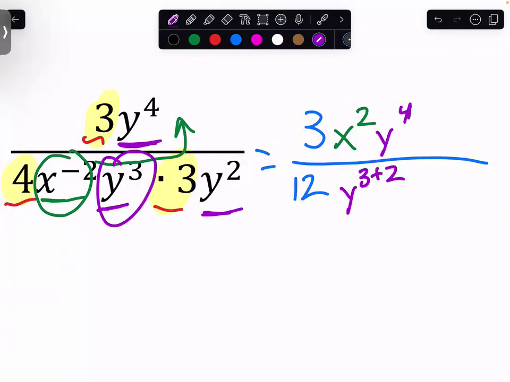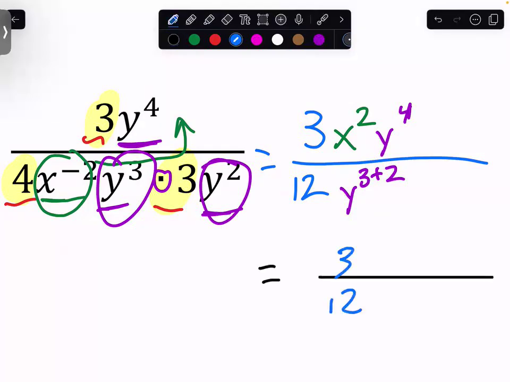Right, y to the 3rd times y to the 2nd means you add them. Okay, so again, I'll just copy everything else for now. Okay, but then down here, we have now y to the 5th.